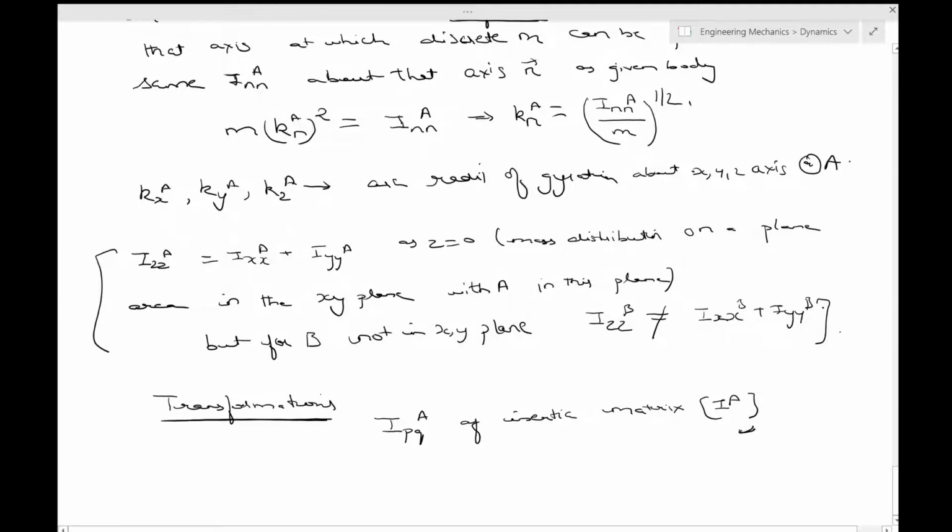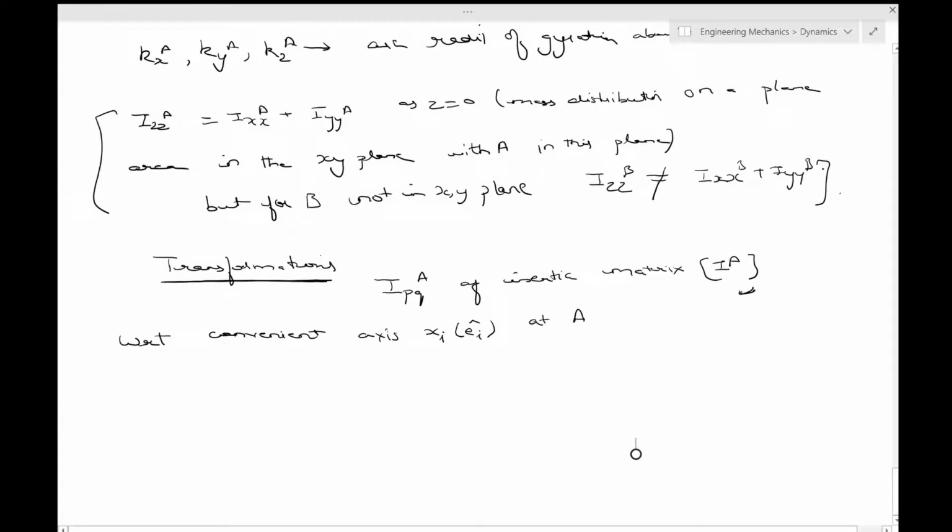Of course there are some equalities, but it has a total of 9 components. Okay, now this is with respect to convenient axes xi, ei hat at A.